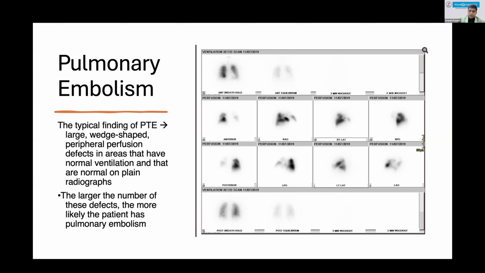As you see in the image, the ventilation is normal in both the upper and lower scans. But in the middle one, the perfusion scan, in the anterior view there is a perfusion defect on the left side, and in the posterior view also the left side is showing a defect. This is a typical finding of pulmonary thromboembolism: large wedge-shaped peripheral perfusion defects in areas that have normal ventilation and that are normal on plain radiograph.